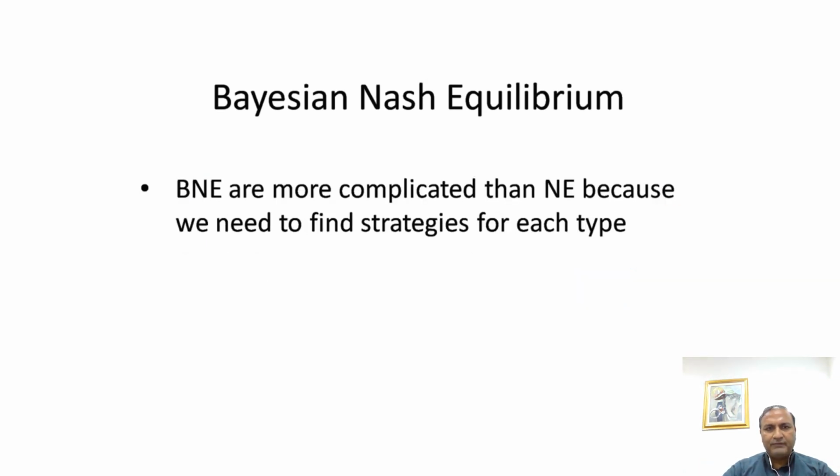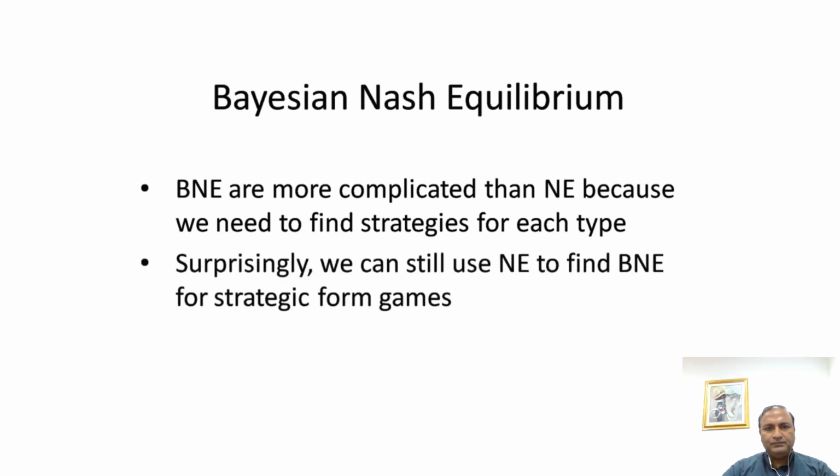As you have noticed, the Bayesian Nash equilibrium is more complicated than Nash equilibrium. Why? Because we have to find the strategy for each type of player. But we have some simple tools to use Nash equilibrium to find Bayesian Nash equilibrium for strategic games.